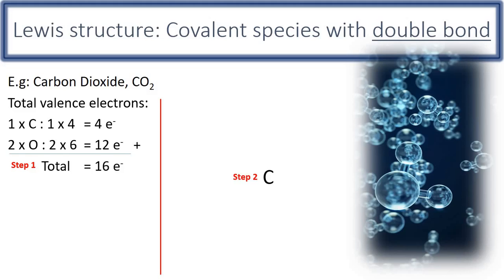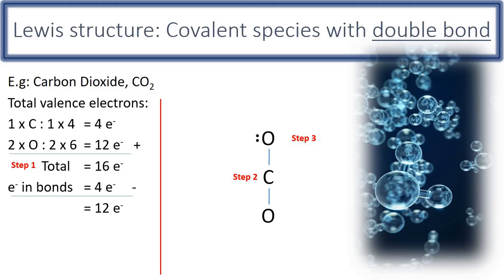Then, draw 2 lines representing the covalent bonds to either side of the carbon atom to occupy both oxygen atoms. Here, we must subtract 4 electrons from the total number of valence electrons, since each covalent bond consists of 2 shared electrons. Step 3.